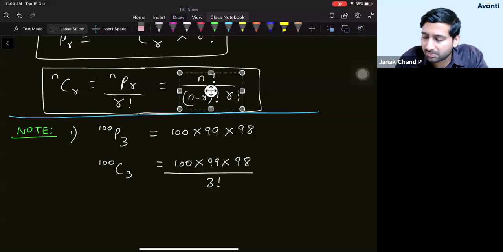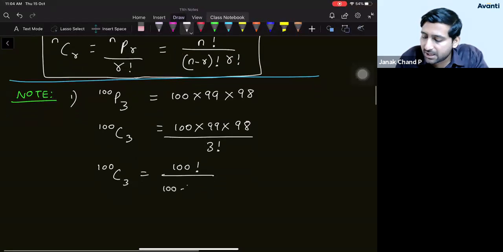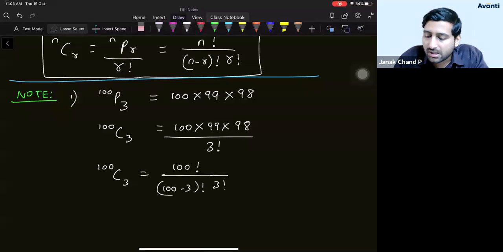If you use this formula, you will get this only. I will just show you that. If I just use that formula, I will be getting 100 C3 is equal to 100 factorial divided by 100 minus 3 factorial into 3 factorial. So that is what I have written here. N factorial, then n minus r factorial, and then divided by r factorial. So that is what I have done here.